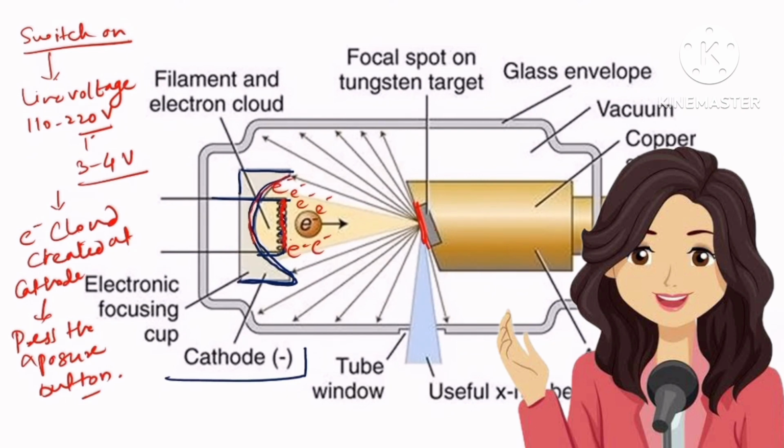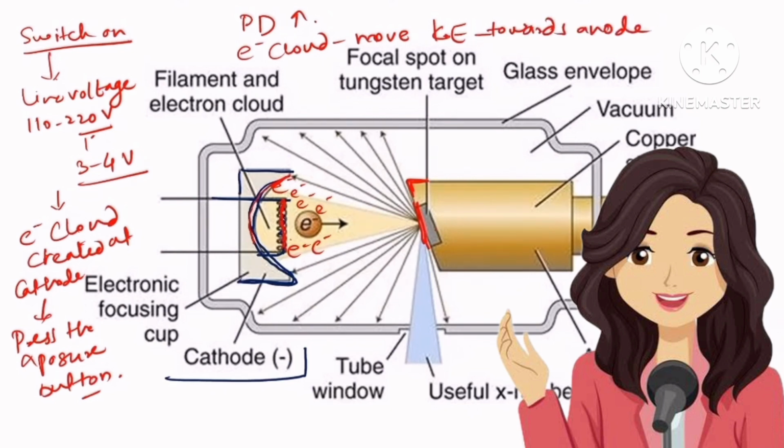Because now you need to increase the potential difference between the cathode and the anode. When potential difference is increased, this electron cloud will move with kinetic energy towards the anode.